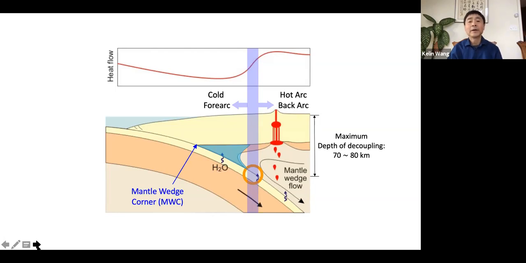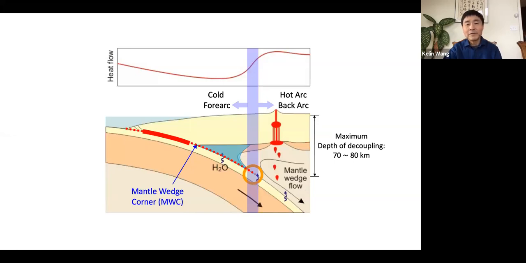In the forearc area, for the same reason, the megathrust has a down-dip limit, and the shallow part of the megathrust can generate large earthquakes. Because of the mantle flow in the wedge, the thermal state is pretty similar between different subduction zones to a large extent.